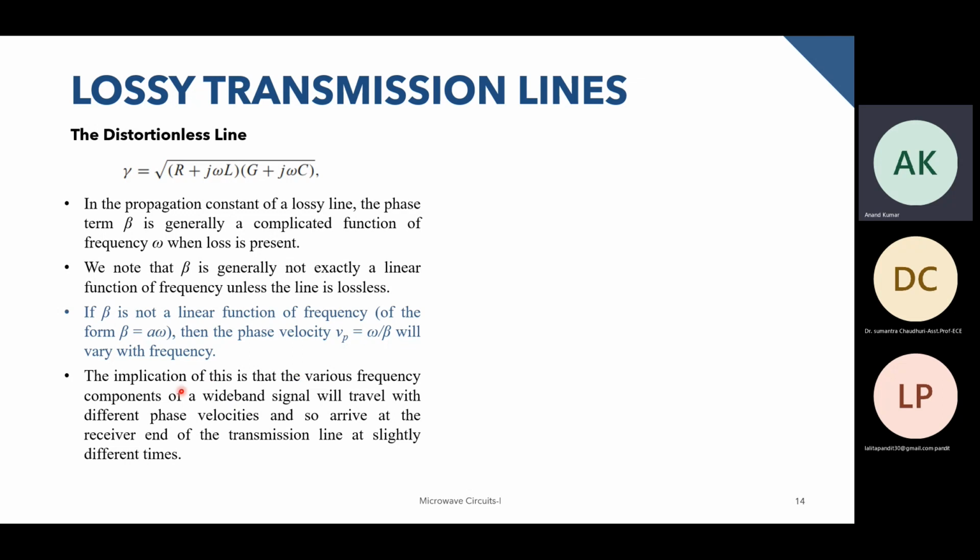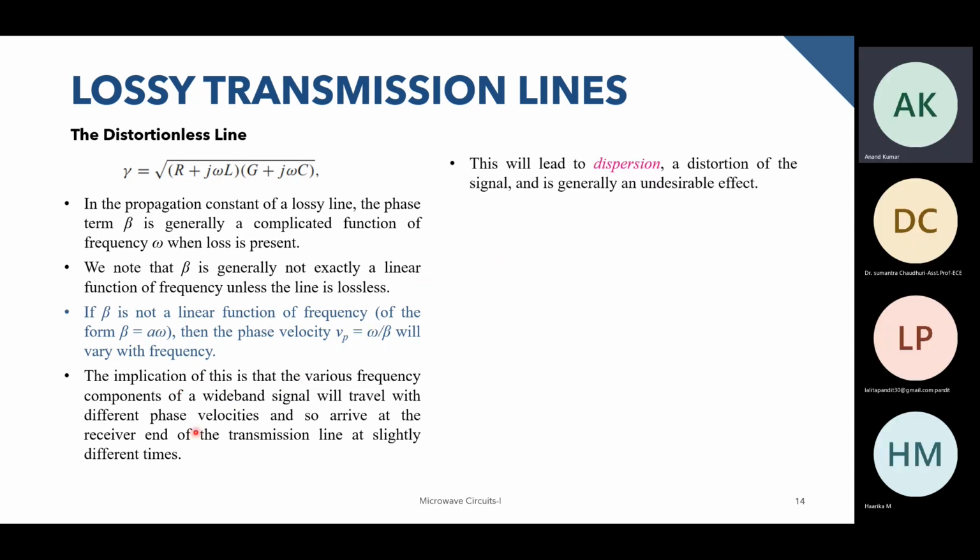This phenomenon, in which waves of different frequencies travel with different velocities and get separated, we call dispersion. What happens is you get a distortion in the signal which you are trying to send. This dispersion is generally an undesirable effect.